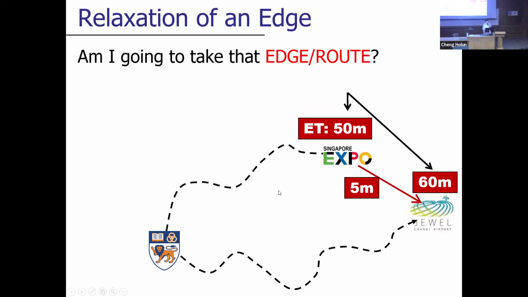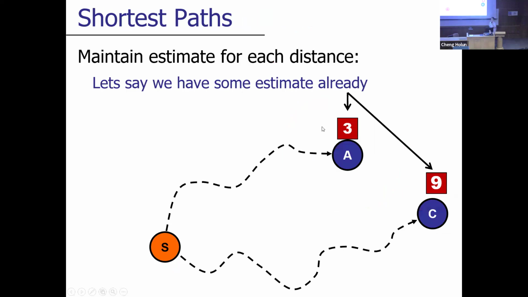To abstract it, that means if you have all the nodes, remember that any nodes like A and C already have some estimated distance. And for example, I know that the estimated distance from S to A is 3. The estimated distance from S to C is 9. And now you want to do the relaxation on the edge AC.